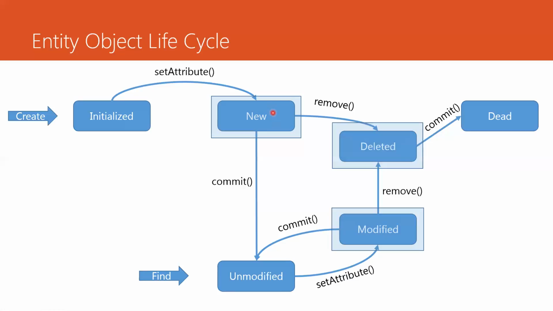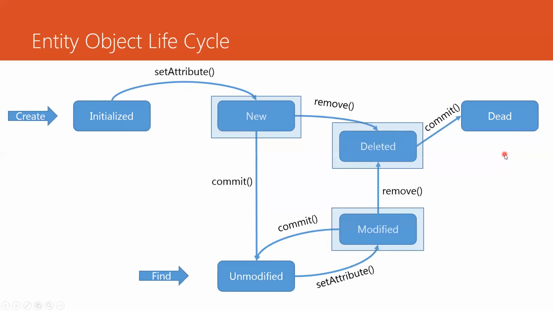So the framework will be interested. Once it does that commit and does the create execution, again it moves the status into unmodified state. So all this is happening in the cache. Similarly, when you remove the new record, if you created the new record but don't want to commit, you can delete it. Then also it goes into dead state.